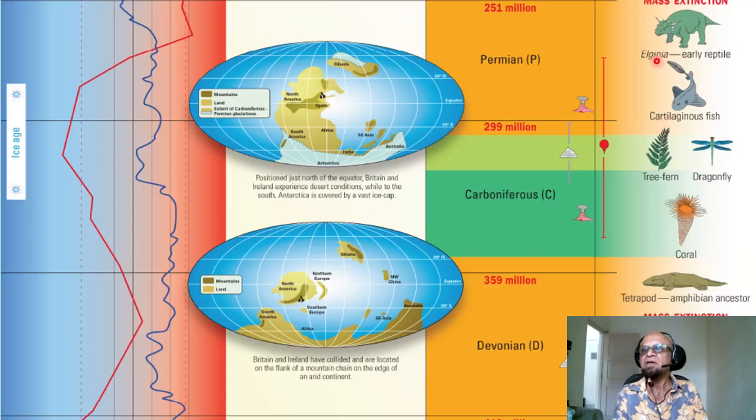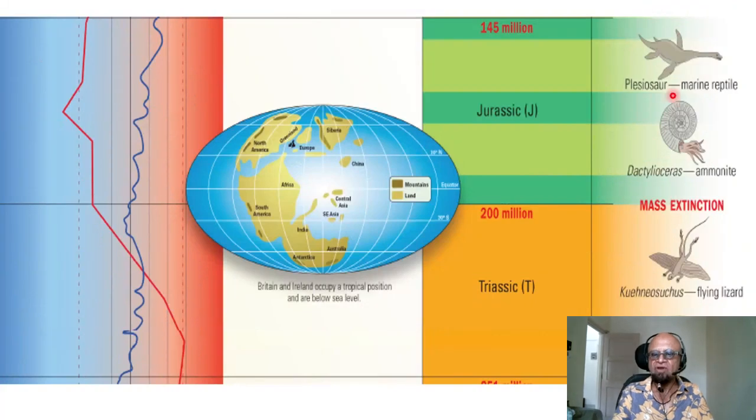Cartilaginous is how many English speakers would say it. Early reptiles evolved, and you are now into the dinosaur era. Another mass extinction happened here at the PT boundary, the Permian-Triassic boundary, which starts here. So you have reptiles, flying lizards, and ammonites and marine reptiles, and various names are given to these formations, the Pangea, the Gondwana, and so on.